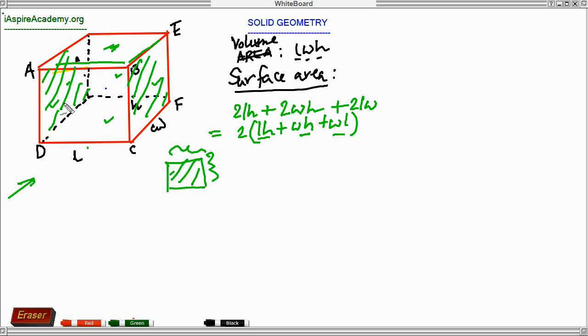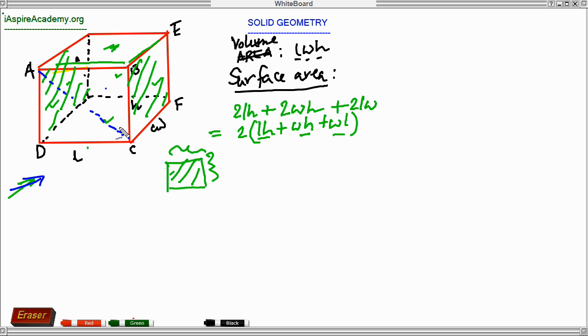Now there is another property of the rectangular solid, which is the diagonal. To show the diagonal, let me choose a different color so that it is a little clearer. We choose blue here. If you look at this front surface, it has a diagonal here which goes from this side.